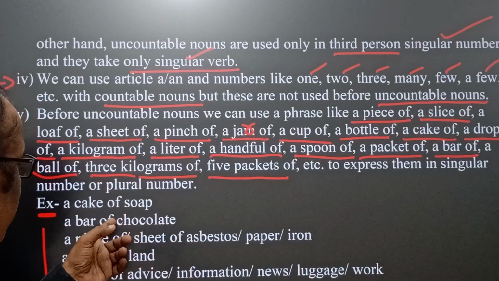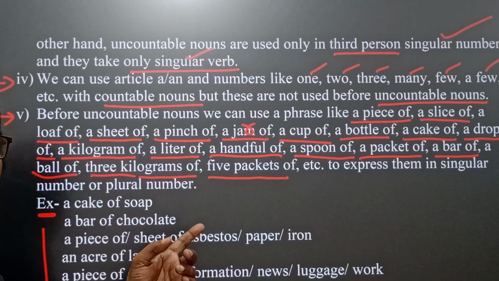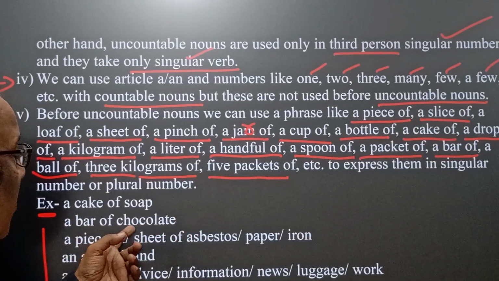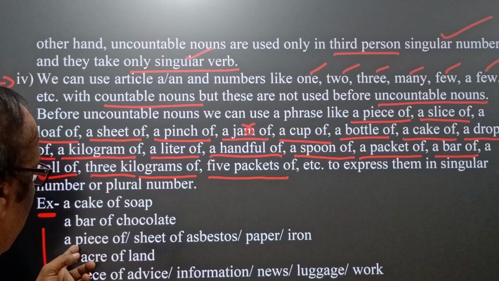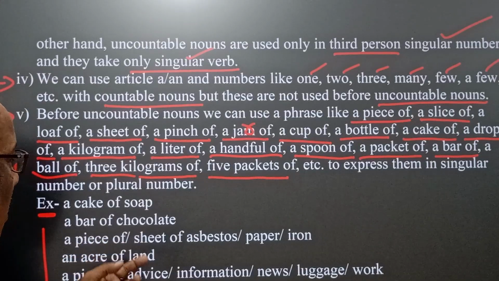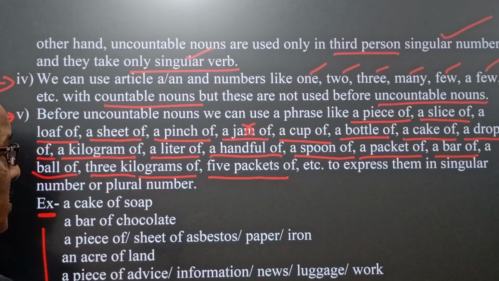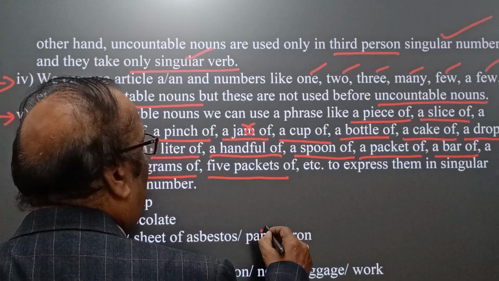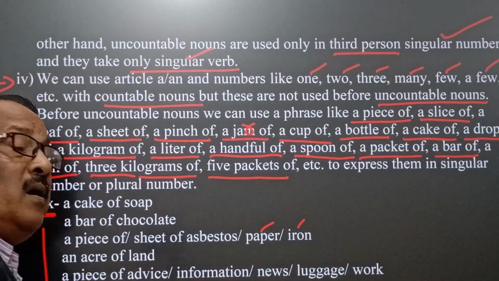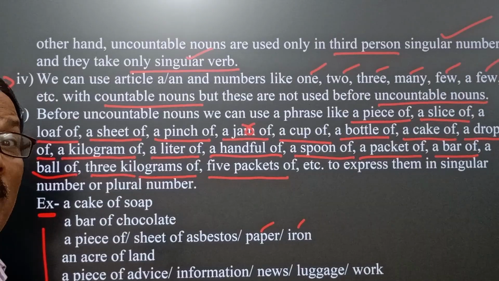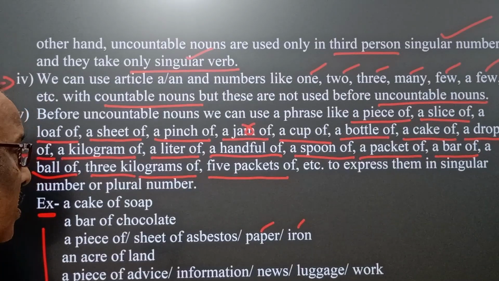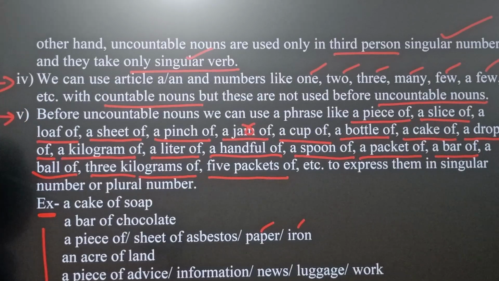Remember some examples. A cake of soap; we cannot say a soap. A bar of chocolate; a piece or sheet of asbestos or paper or iron. We cannot say an asbestos, a paper, an iron. This is the way we can use phrases to make an uncountable noun singular.